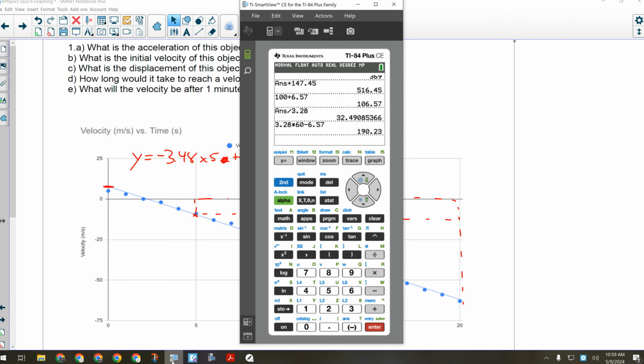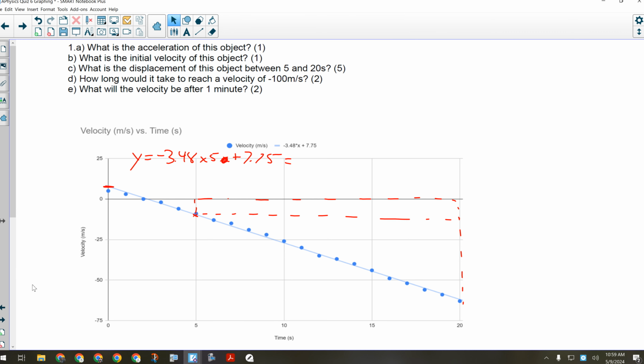Okay, so negative 3.48 times 5 plus 7.75. Okay, negative 9.65 meters per second is the height of that rectangle.